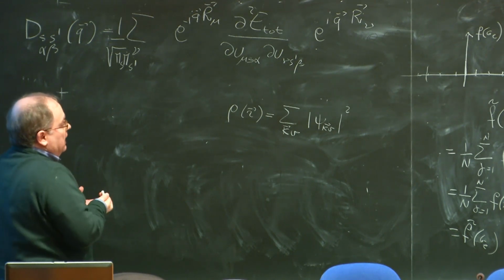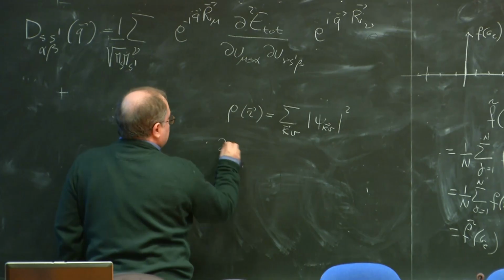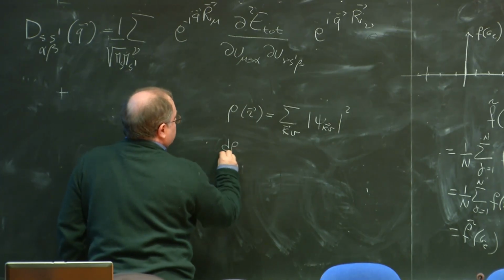In principle, you do the same when you calculate d rho over d mu.